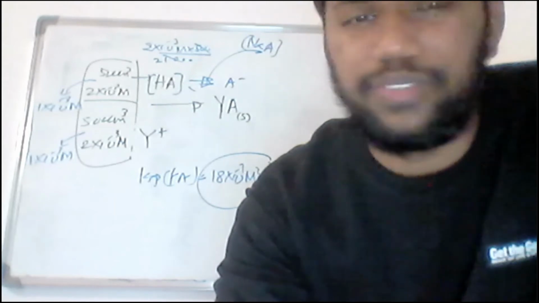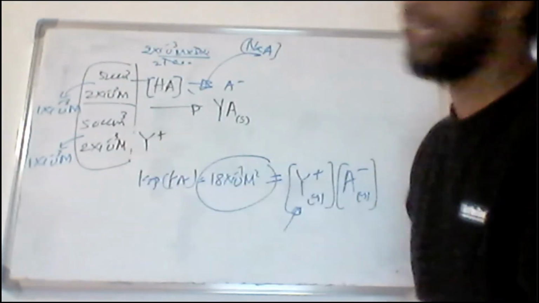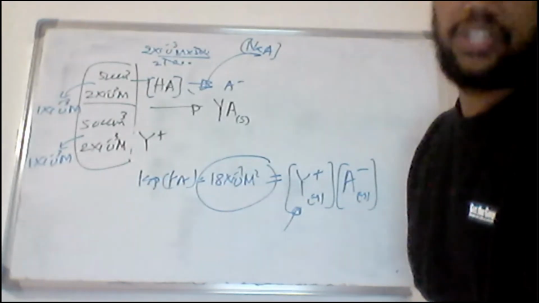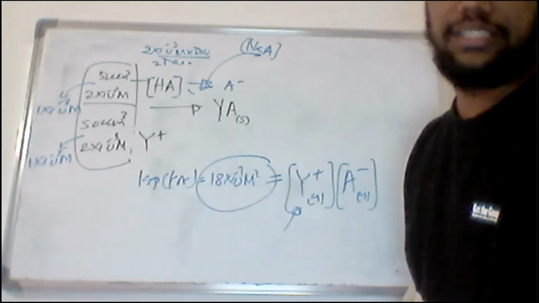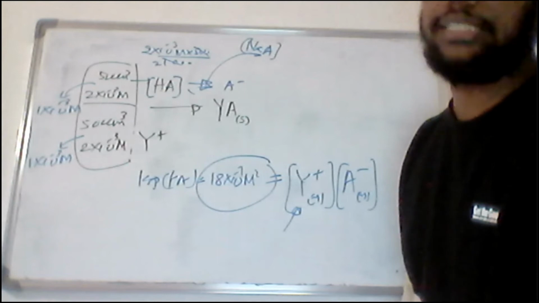Right, so the idea is the same, that you know this Y plus is 10 to the power minus 3, KSP is there, you can find A minus. So if you think that A minus is that amount, you can even find the concentration of H plus that should be given when the acid forms.